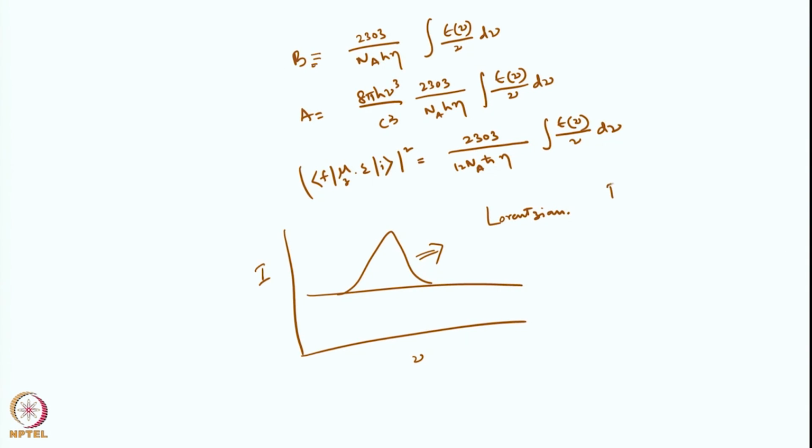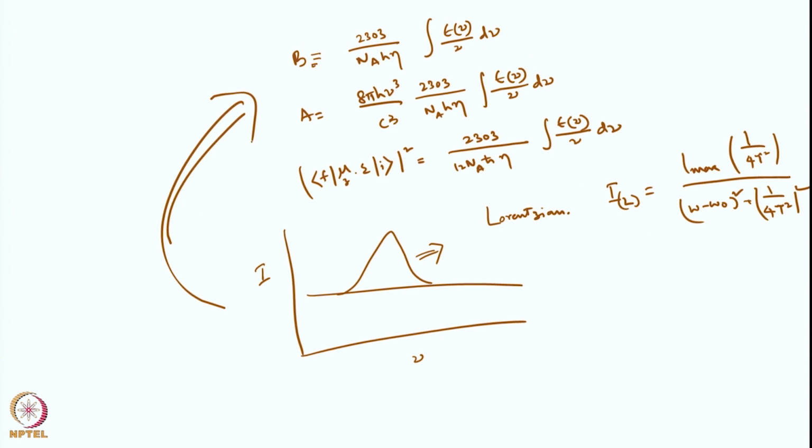So that means I_L is equal to I max times 1 by 4 tau square, divided by omega minus omega naught whole square plus 1 by 4 tau square. So only if you have this shape, all these will be right, otherwise not.